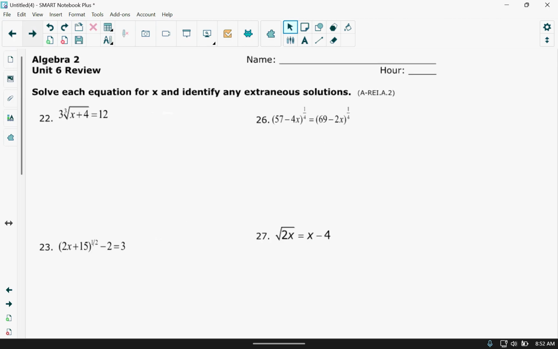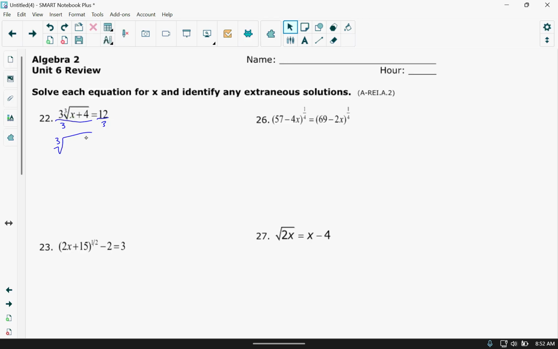Okay, number 22 says 3 times the cube root of x plus 4 is equal to 12. We have to solve each equation and identify extraneous solutions. First thing is I have to get rid of the 3 on the outside. Your radicals have to be by themselves with nothing outside before you can use the exponent to get rid of them.